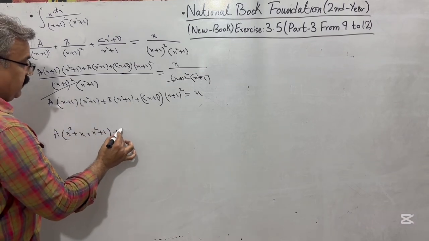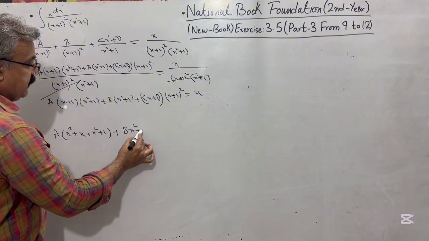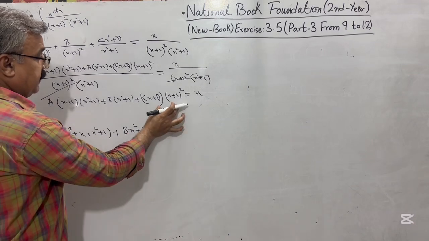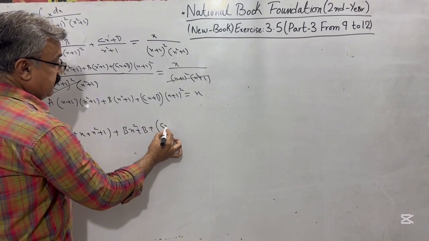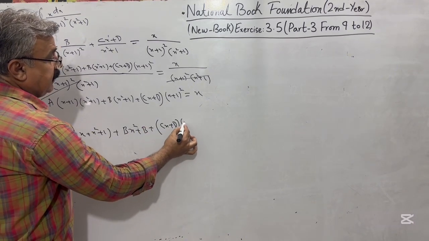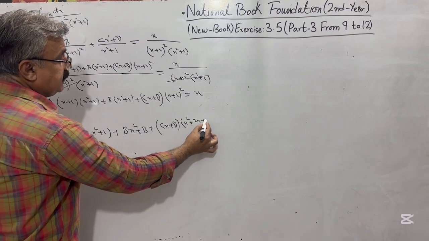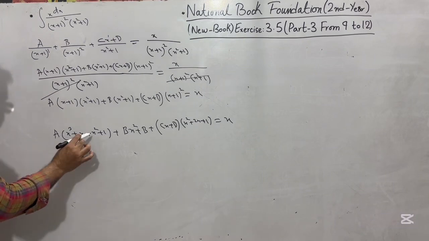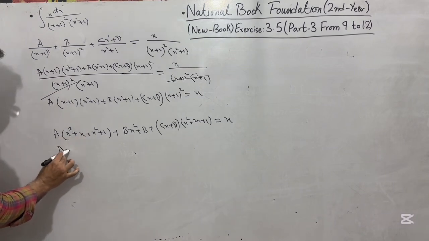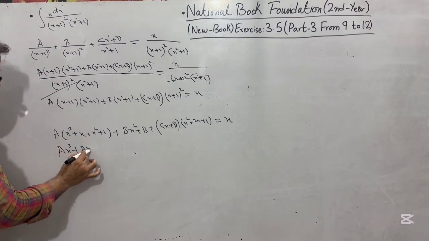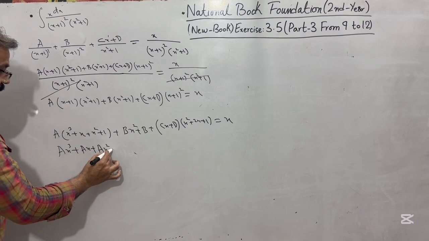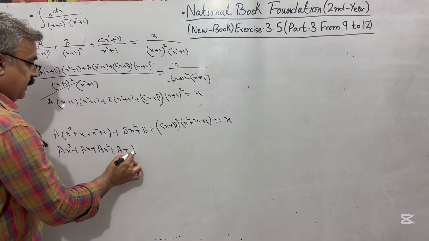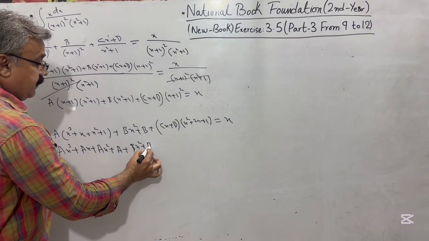Here it's simple: bx square plus b. Here, take care. First open this bracket, x plus 1 whole square: I have cx plus d times x square plus 2x plus 1 is equal to x. Write it properly: ax cube plus ax plus ax square plus a, plus bx square plus b.